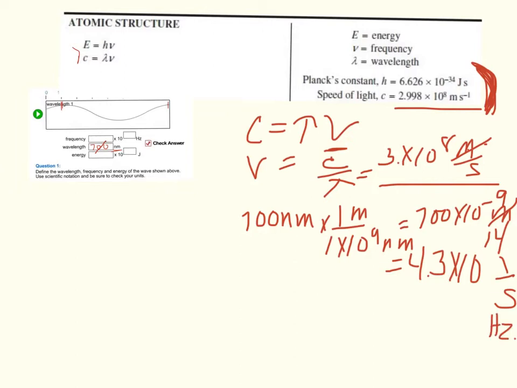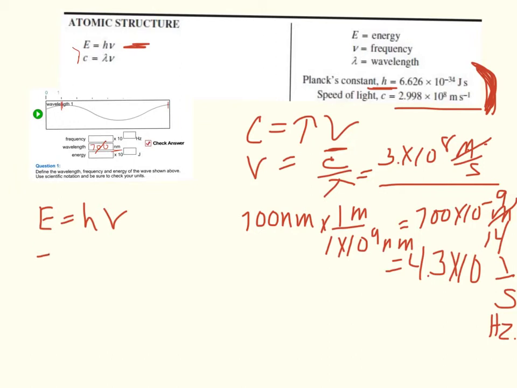That's my frequency. Now I need to get my energy. So it gives me right here this equation, E equals h nu. Now, h is Planck's constant, and that is given to me on the equation sheet.